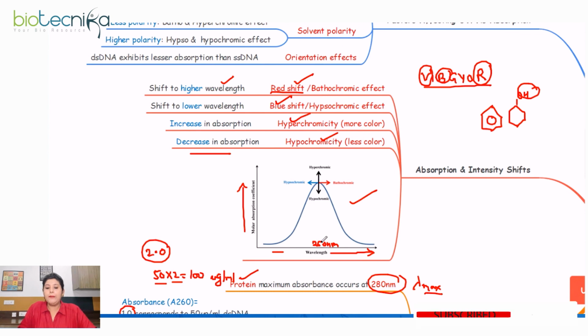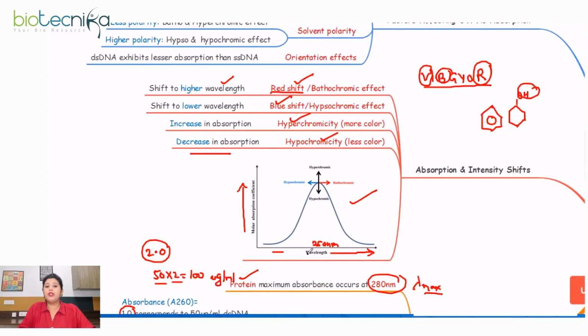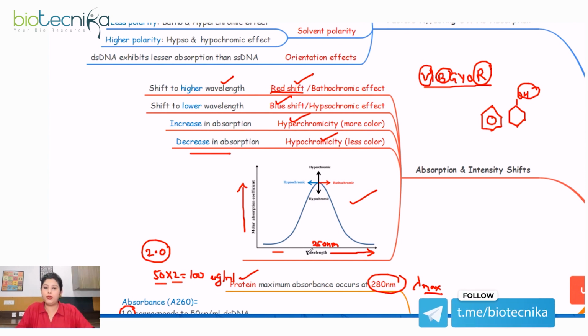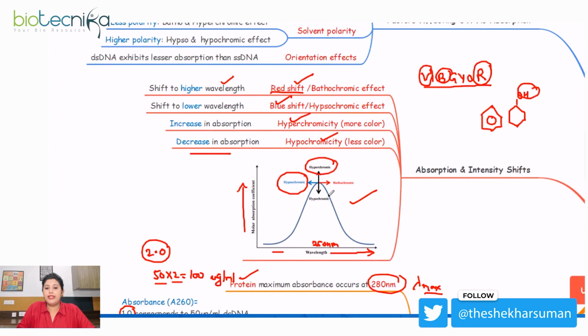If initially it was 260 and increased to 280, or let's say 270, that means the shifting of wavelength towards the higher side. What kind of shift will it be? Red shift or bathochromic shift. And if it is towards the lower wavelength, then it is hypsochromic shift or blue shift. Hypsochromic effect or blue shift. Similarly, if the molar absorption coefficient increases, that indicates hyperchromicity, and if it decreases, then it indicates hypochromicity.